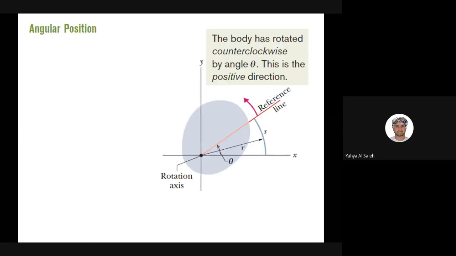But when we come to rotation, there is something weird going on. Say initially I am here, and I want to go all the way here. So I moved my line. Where do I measure my distance, how much I moved?